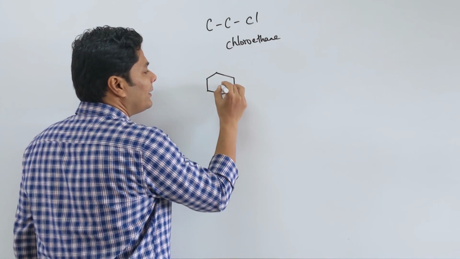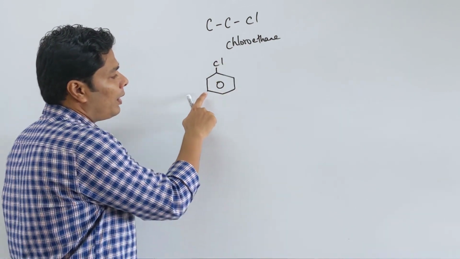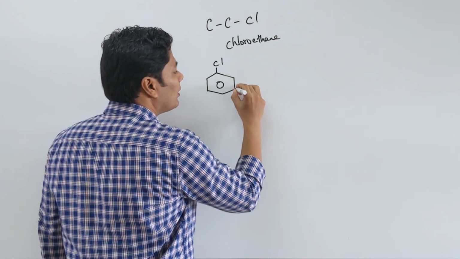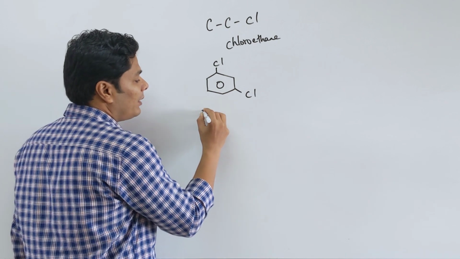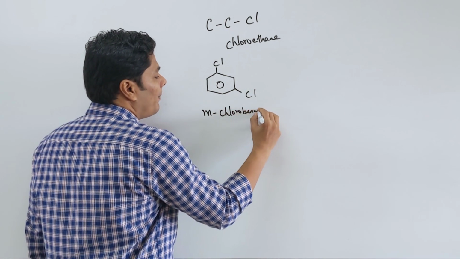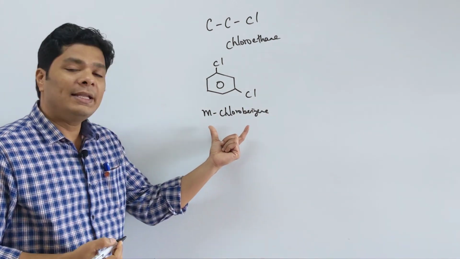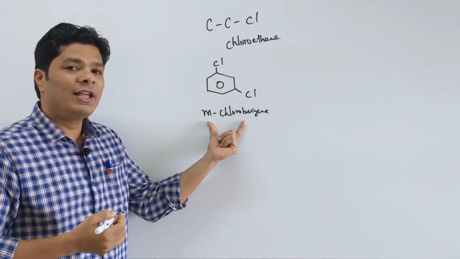Now, similarly, when you take an aryl halide, this is simple, chlorobenzene. Now, we can actually have something like this. So, then I have to say this can be metachlorobenzene, but the concept of ortho, meta and para stand for common names but not IUPAC name. In IUPAC name we like to use numbering.